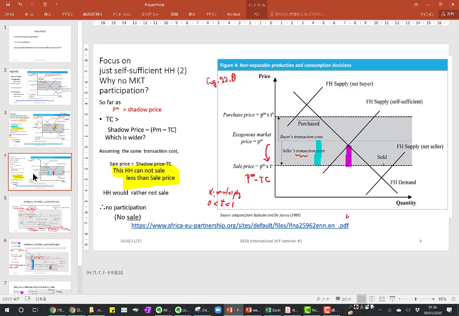Now, what about the lower bound? Lower bound for the sale price. The positioning for market price and shadow price is the same. And then the transaction cost for sellers is greater than shadow price minus market price minus transaction cost.